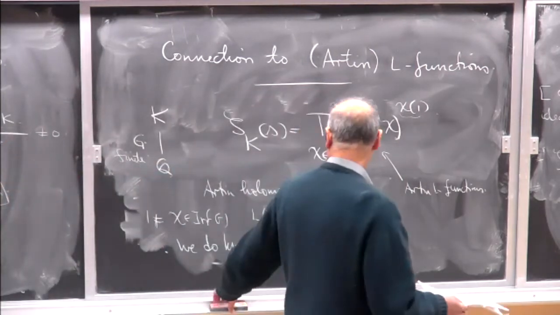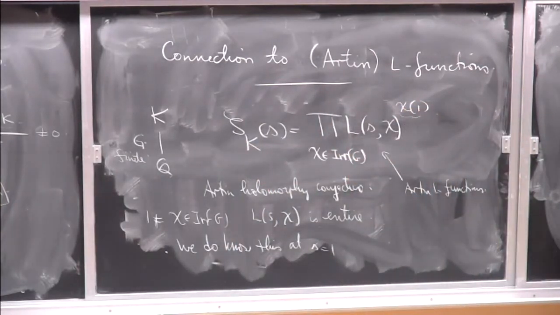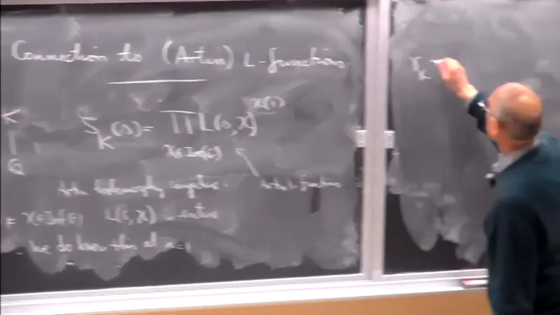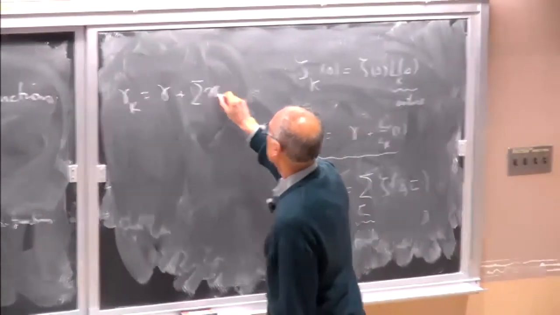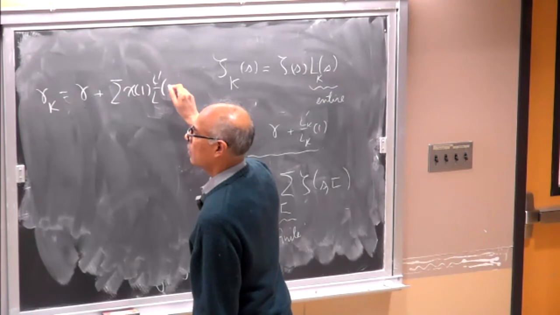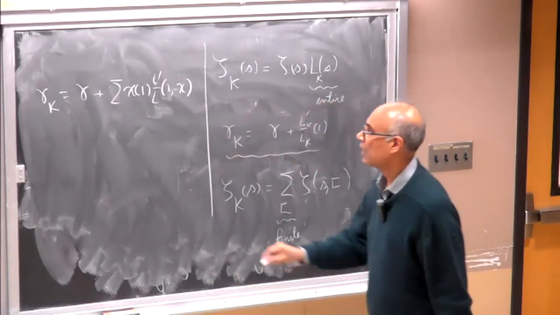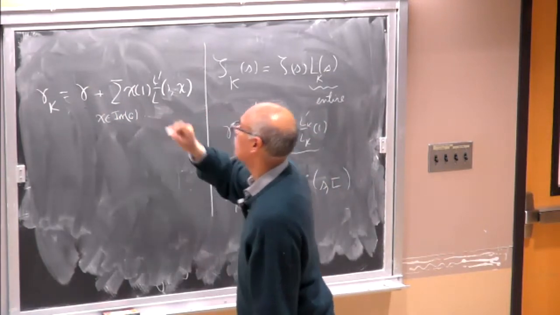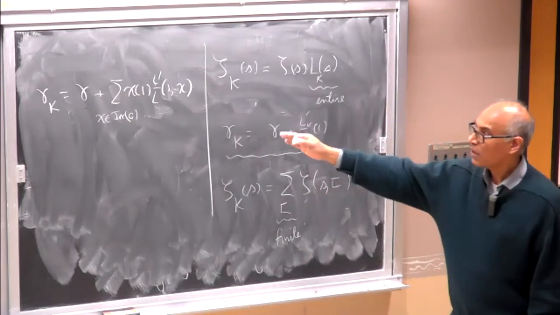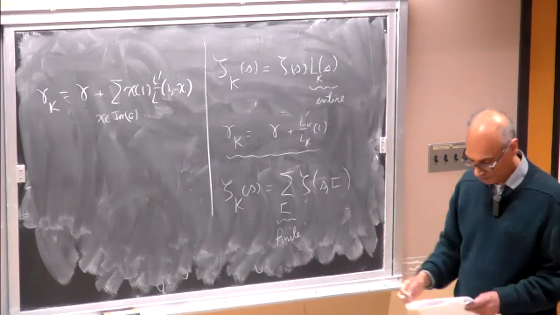And therefore, if you take this formula and compute the logarithmic derivative, you get a formula that looks like this. Gamma k is gamma, which comes from the trivial character, plus the sum over chi of L prime over L at 1, chi. So chi is going over the irreducible characters. So that's the formula for gamma k in terms of logarithmic derivatives of Artin L functions.